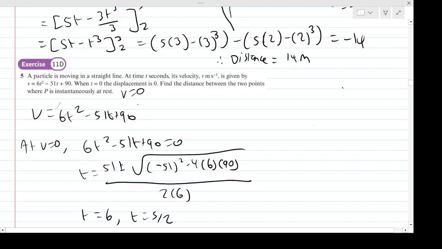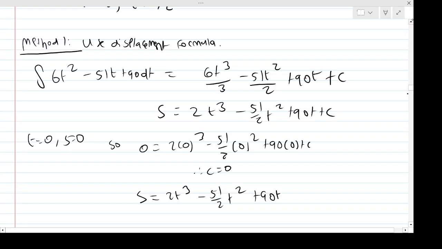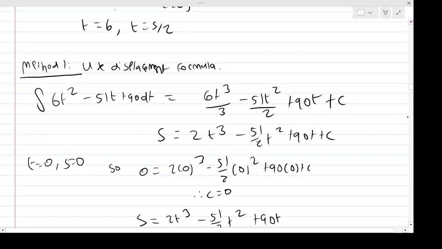So I want to find the distance between the 2 points that I've found, right? These 2 points in time. So firstly, since we want to find the distance, probably a good idea to find the displacements of them then, right? So I'm just going to sub these 2 values into the formula.